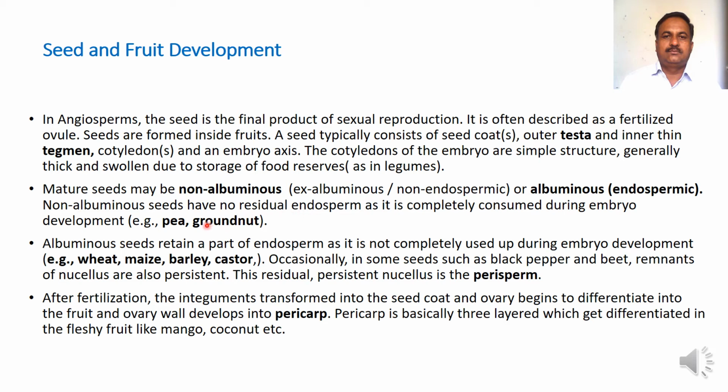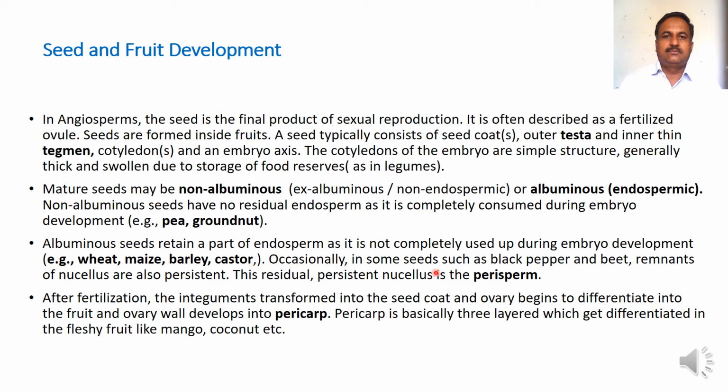Common examples of such non-endospermic seeds are pea, groundnut, etc. Albuminous or endospermic seeds retain a part of the endosperm as it is not completely used up during embryo development. Common examples of albuminous or endospermic seeds are wheat, maize, barley, castor, etc.